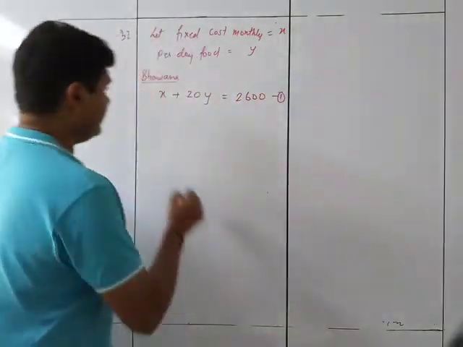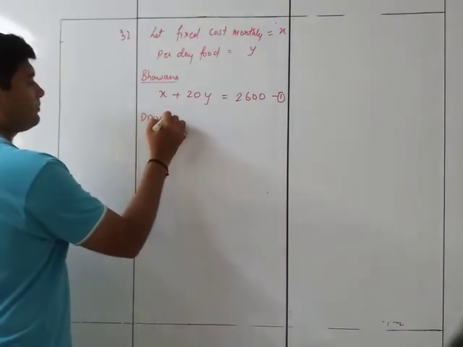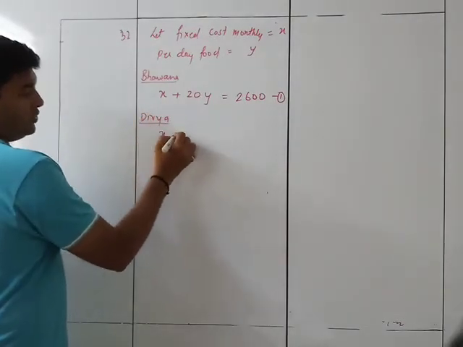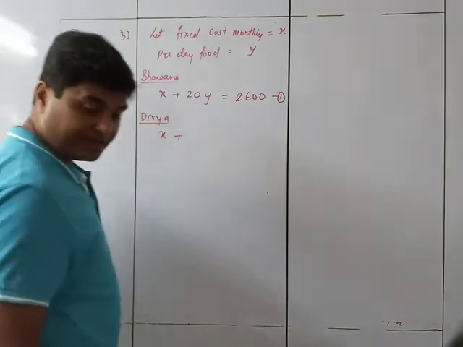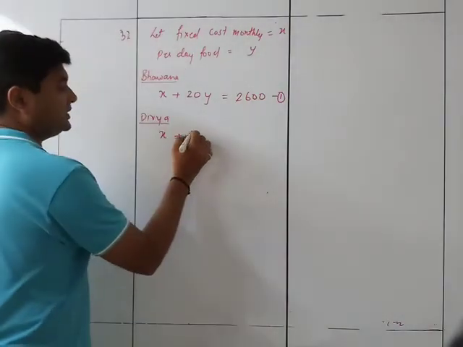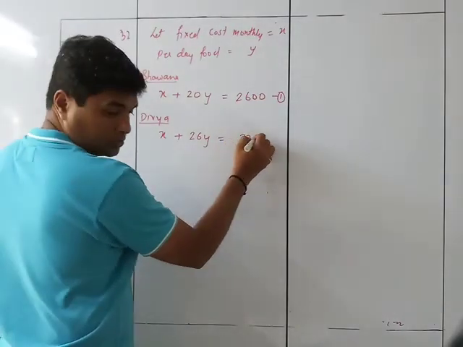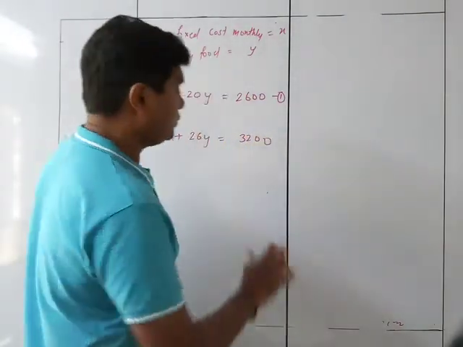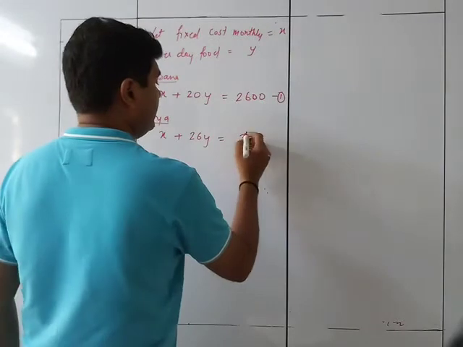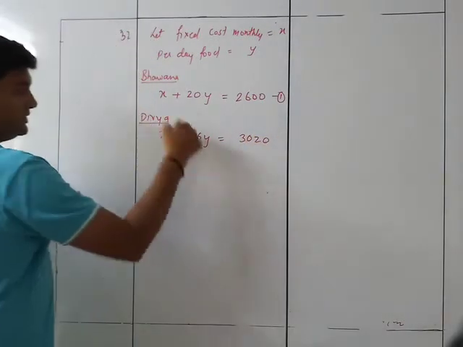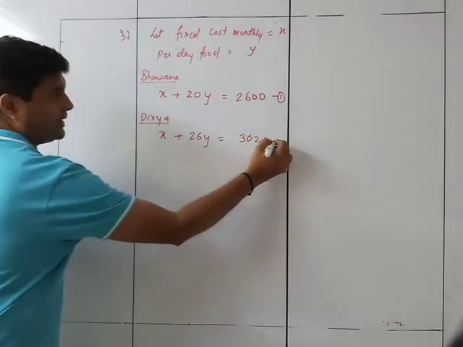Whereas for Divya, of course, x will be the fixed charge and she is going to stay for 26 days. So 26y is what she is paying, is 3020. Okay. So this gives us the two equations, very easy sum.